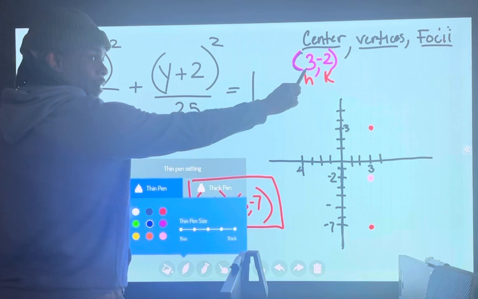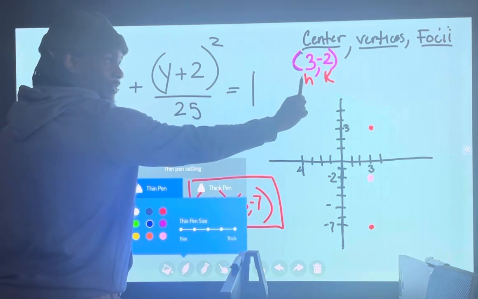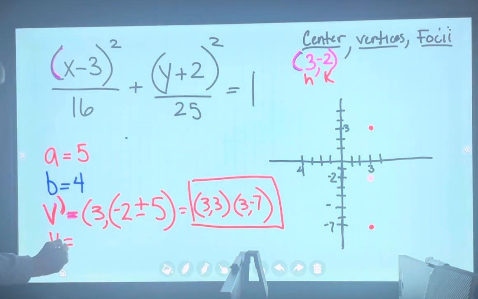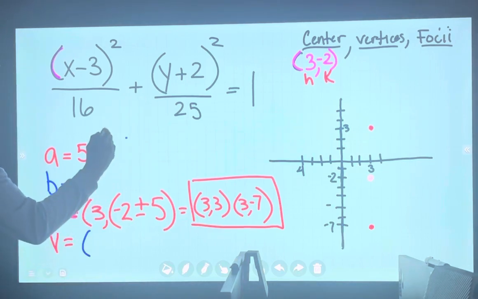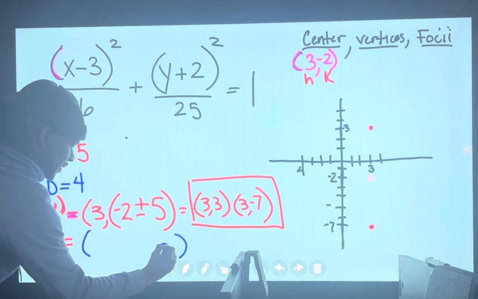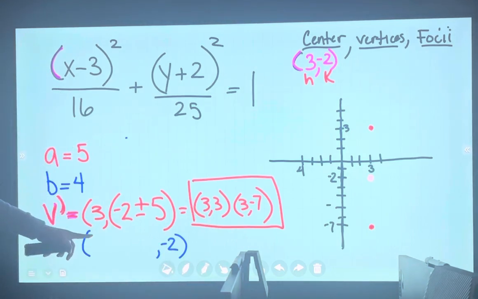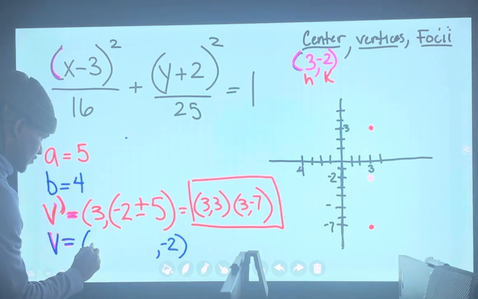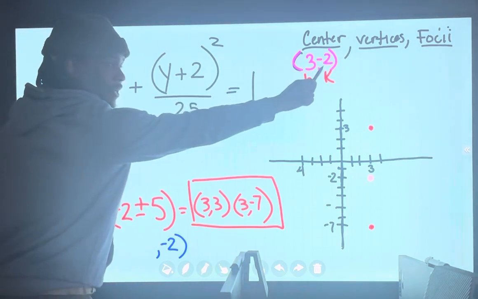We'll be focusing now on the H value. Because you know this one is going to be -2. So now we have to change the X value on the minor. It's going to be plus or minus, and -2 stays because we did this one already.